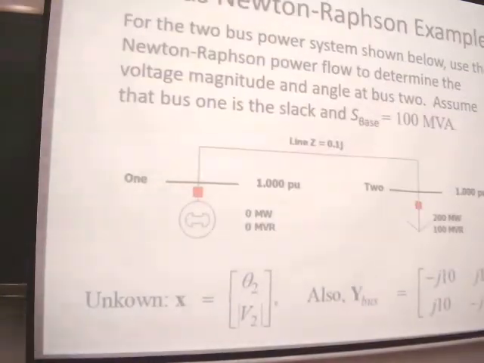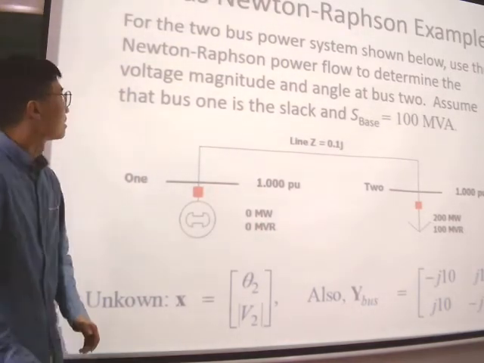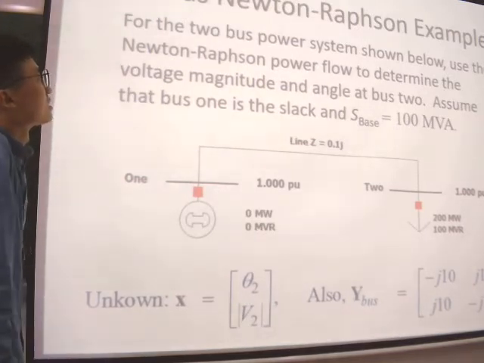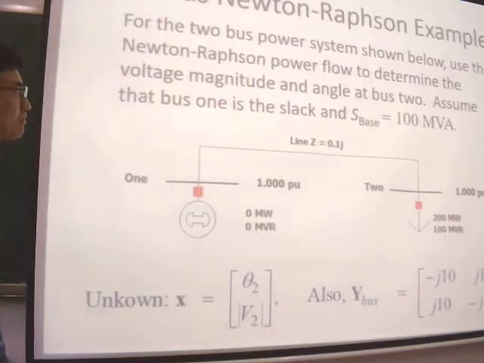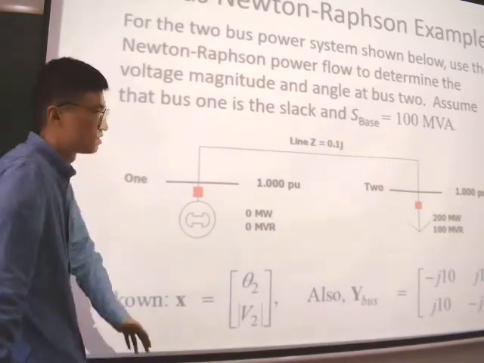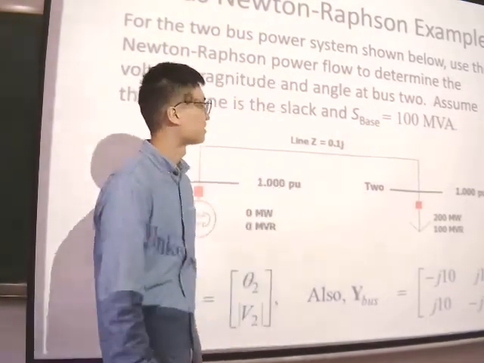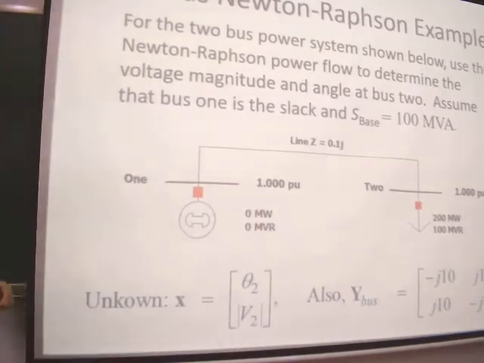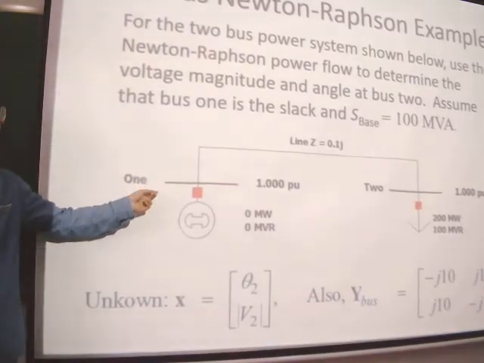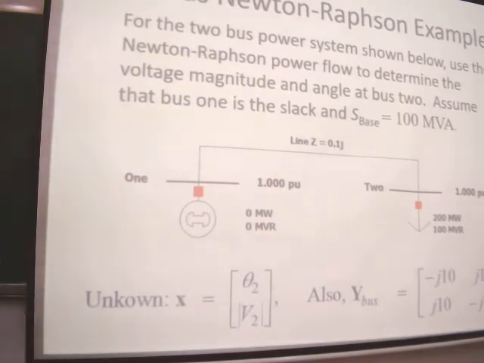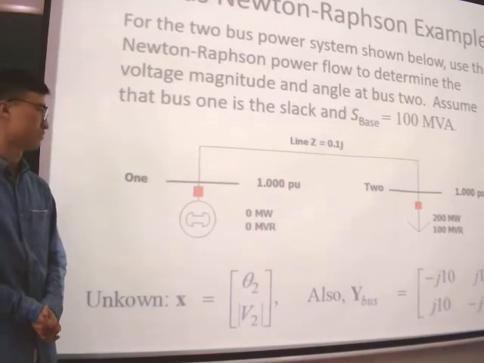Okay, so next we'll start using one example of a two-bus system. Determine the voltage magnitude and angle of this bus two. Since bus one is the slack bus, the base of the system is 100.